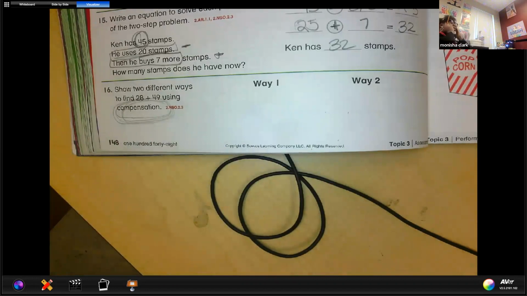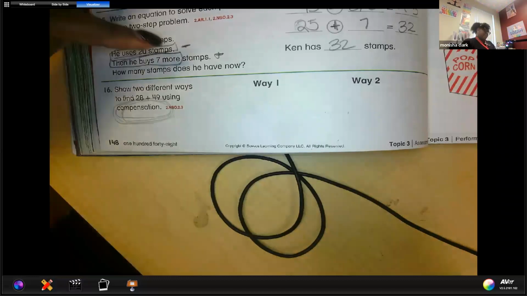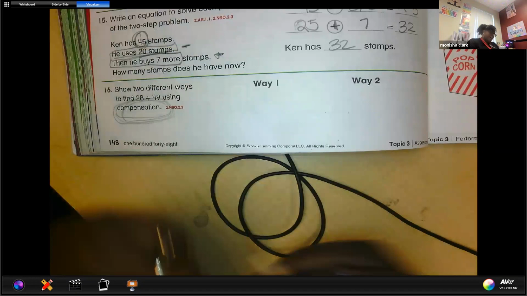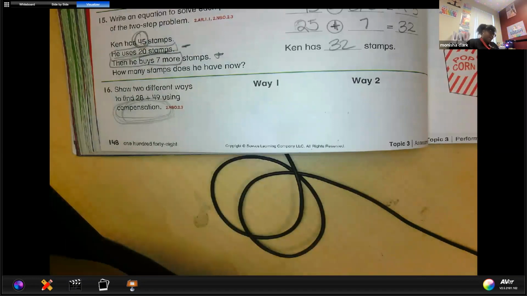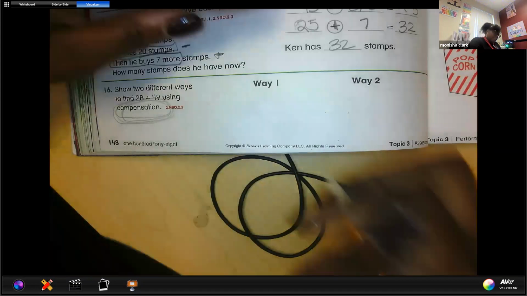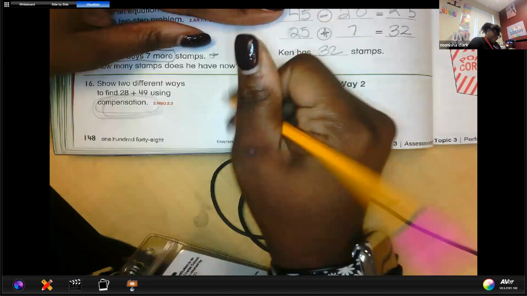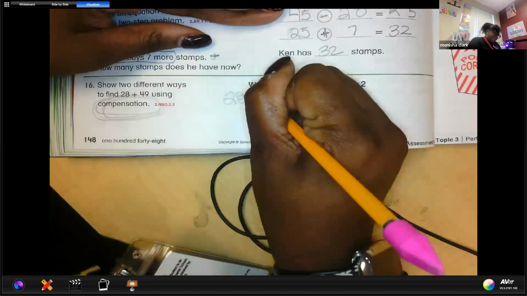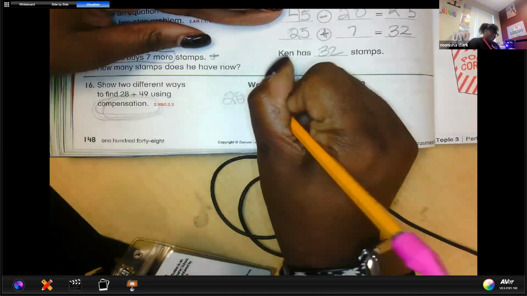We are taking away from one number to make it a 10 and adding them up. So let's look at this. The first way we're going to do is we're going to add to 49 to make it a 10. Watch, Ms. Clark. So we have 28 plus 49.